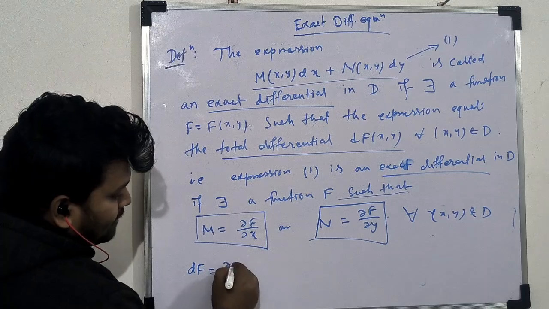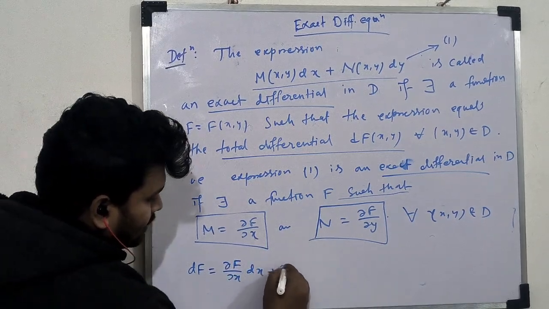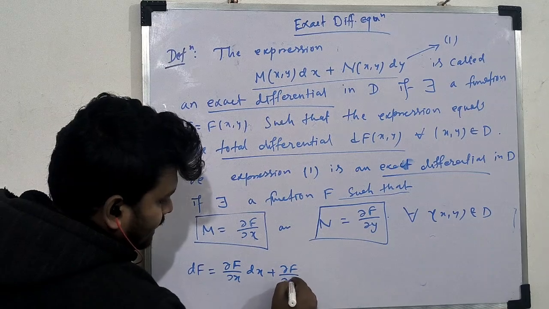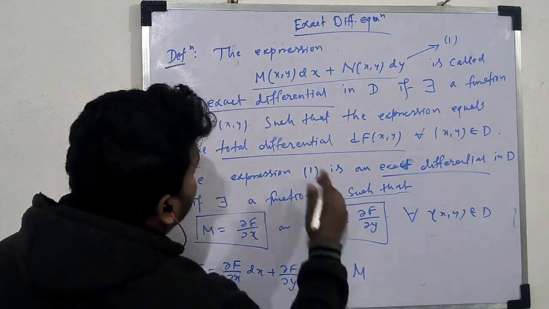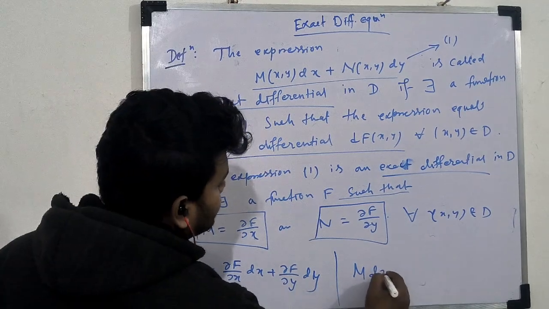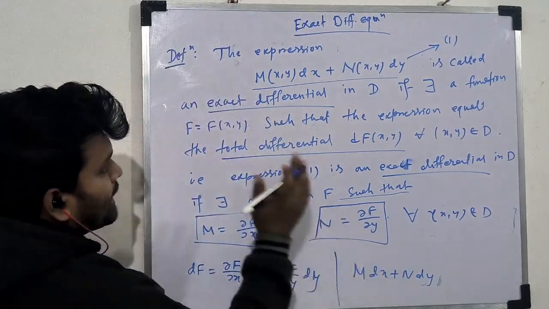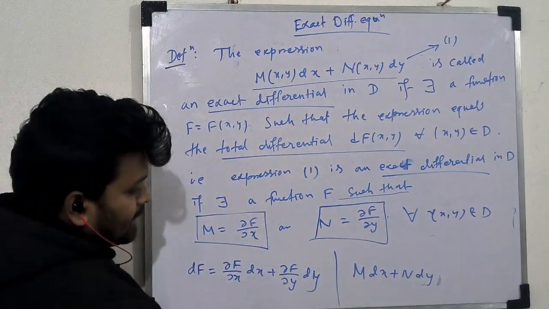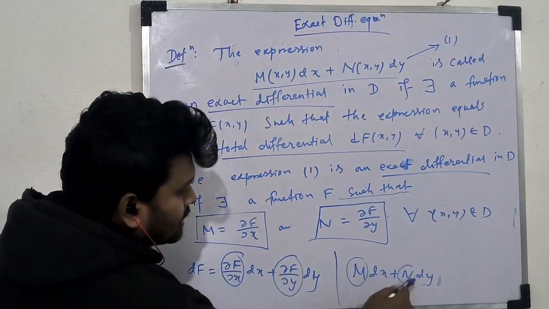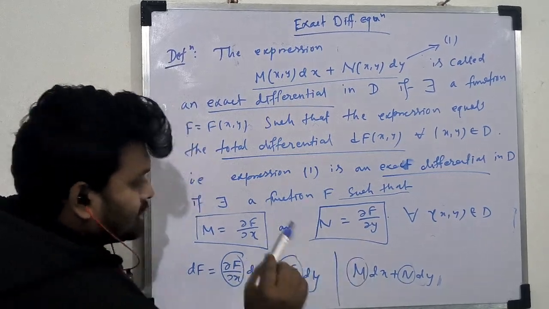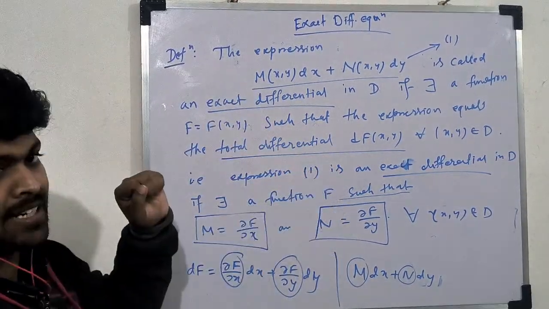We know df is the total differential, del f del x dx plus del f del y dy. So this expression M dx plus N dy will be exact differential if M equals del f del x and N equals del f del y. That's it. So this expression is called exact differential.